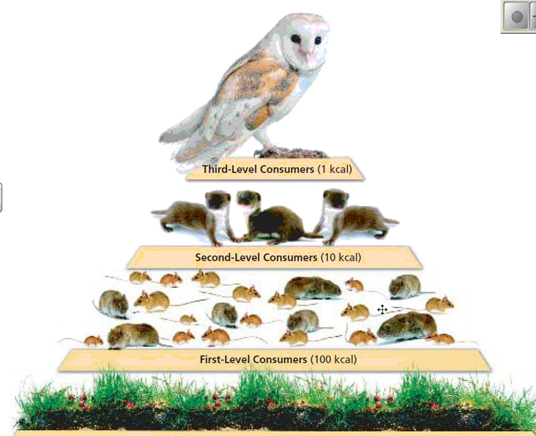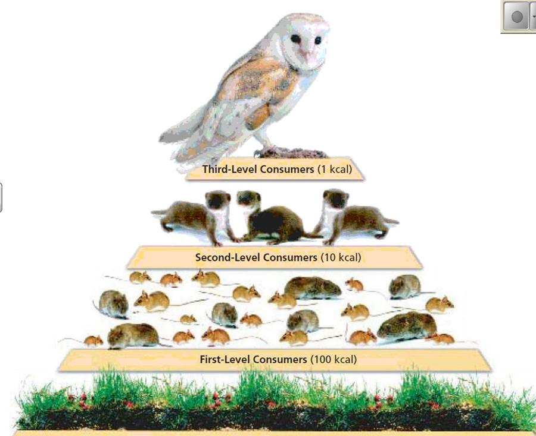And then they have even less energy or receive even less energy at the second level consumer because here are your prairie dogs. And then at the very top, a third level consumer, you have usually a larger consumer, like this owl, and they receive even less energy from the second level consumer that they're consuming.